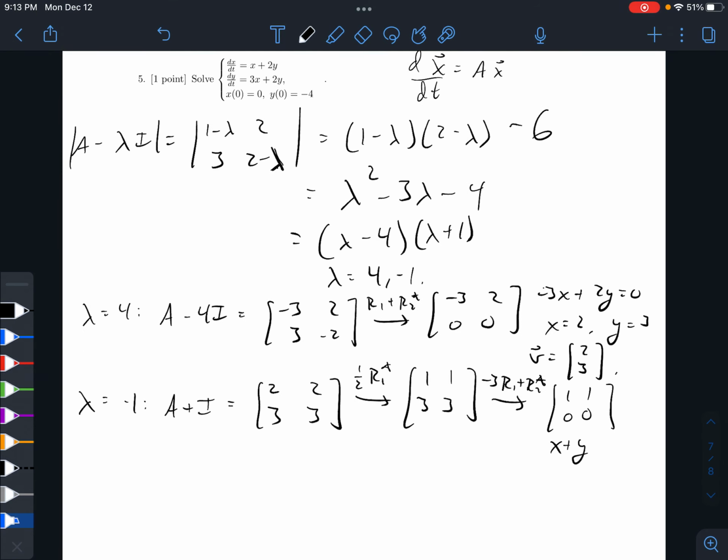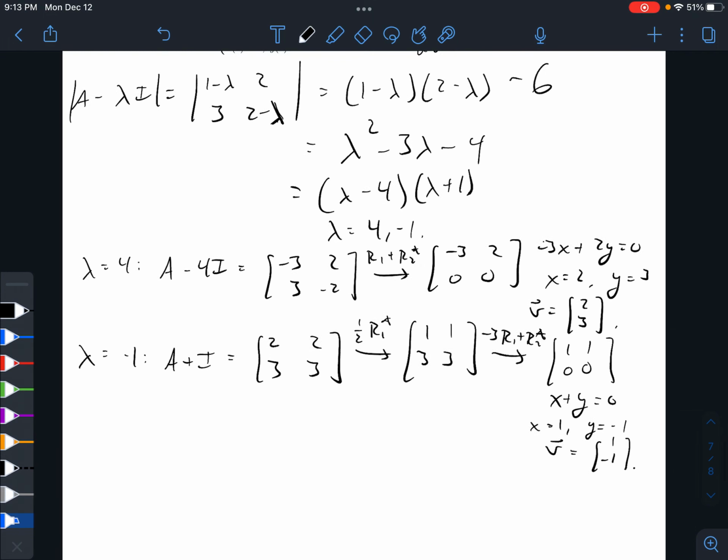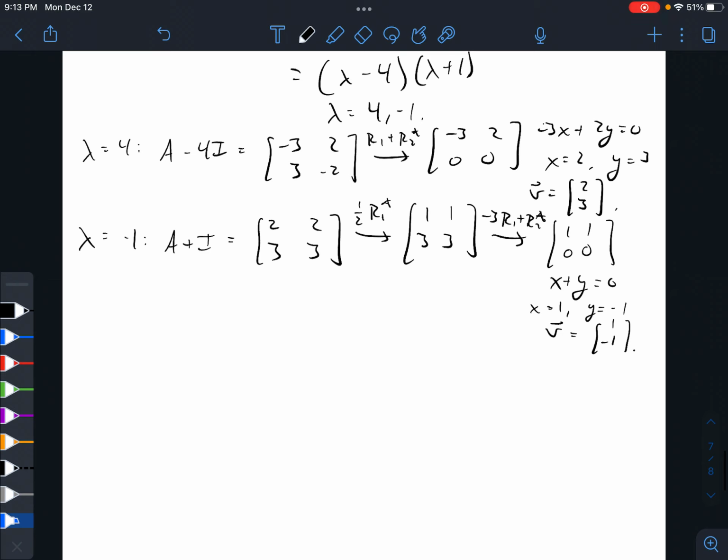So this is telling me that x plus y is 0, so I can make x be 1 and then y be negative 1. My eigenvector would just be 1, negative 1. Awesome.